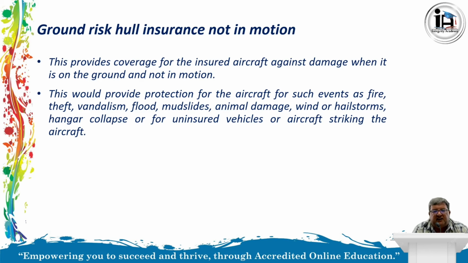So it might be inside the hangar where it needs to be serviced, and because of strong winds and hailstorms or floods, the hangar collapses on top of the aircraft and the aircraft is damaged. Or the smaller aircraft, the guys that fly in Botswana to all the game lodges.